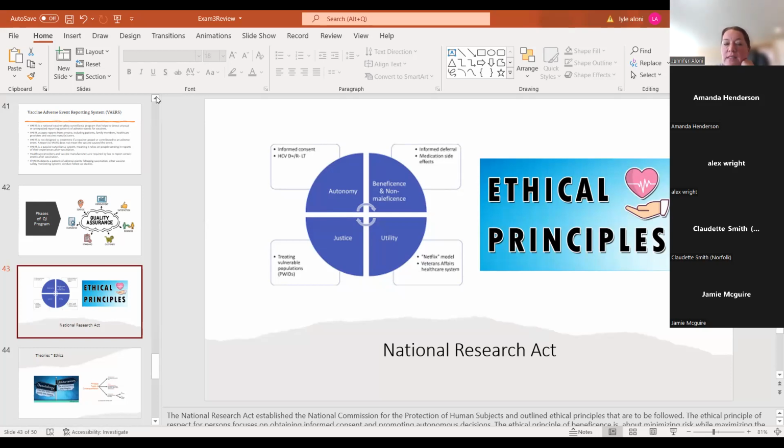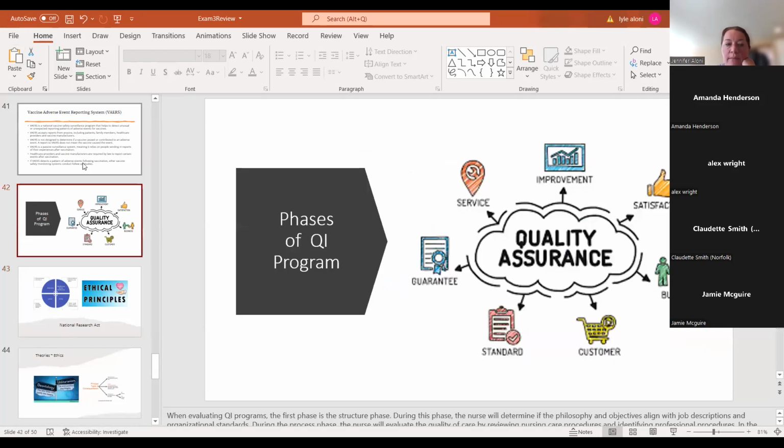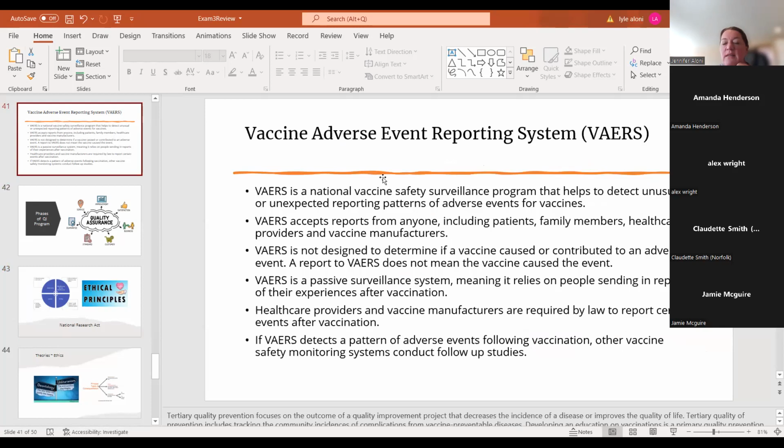But when we're looking at our vaccine adverse reporting system, this is going to be our tertiary system. So think about that. You're going to look and see what happens after the vaccine has occurred. That's going to be tertiary, right? Because we're going to know that they've already gotten it and how that's impacting them.